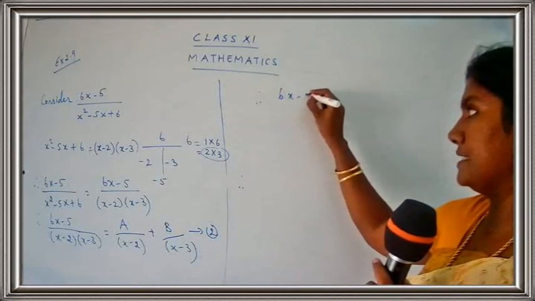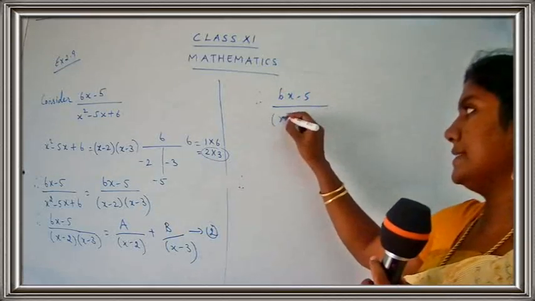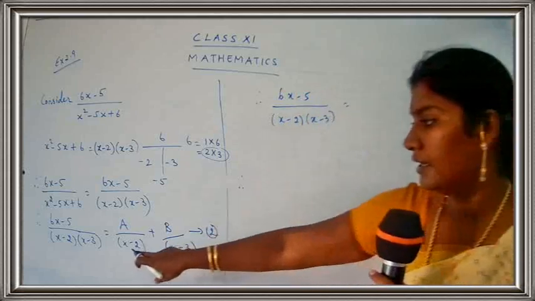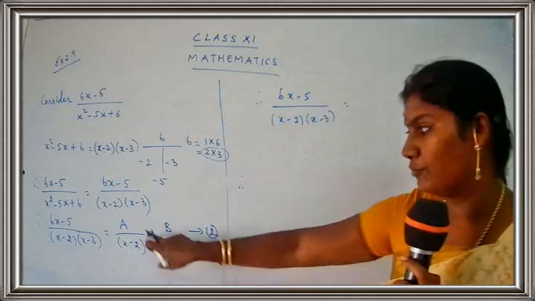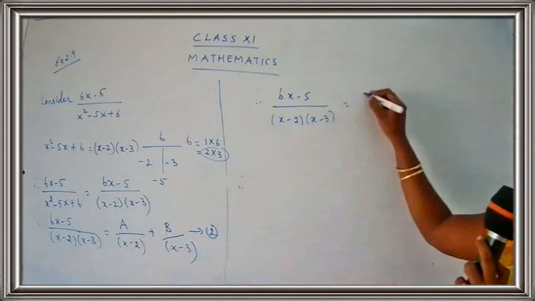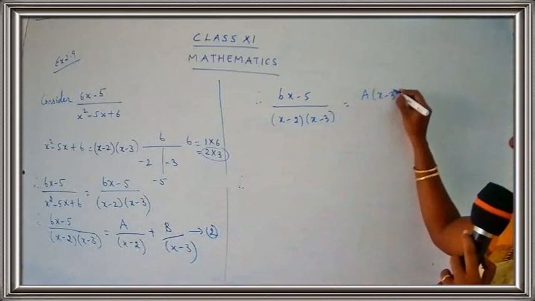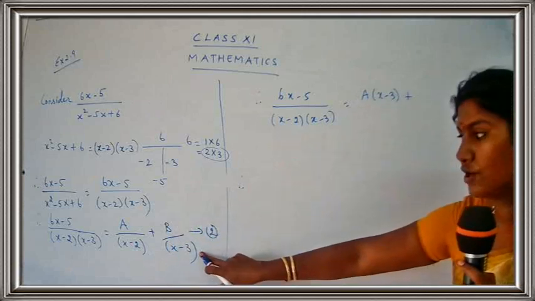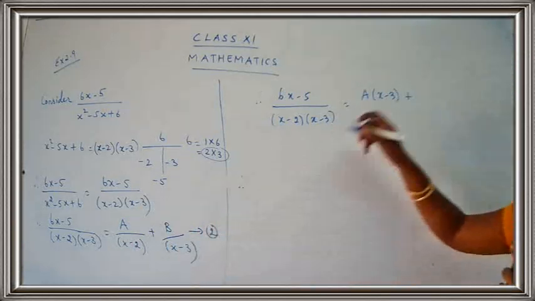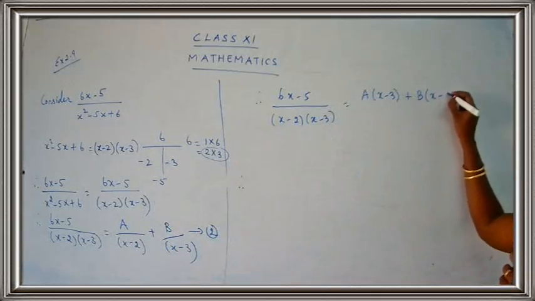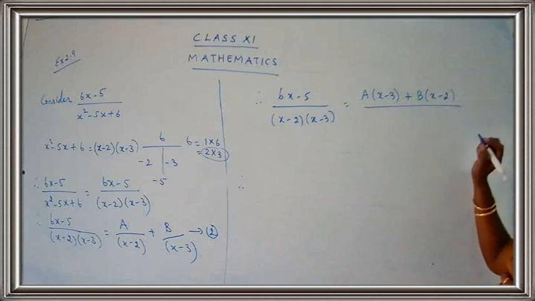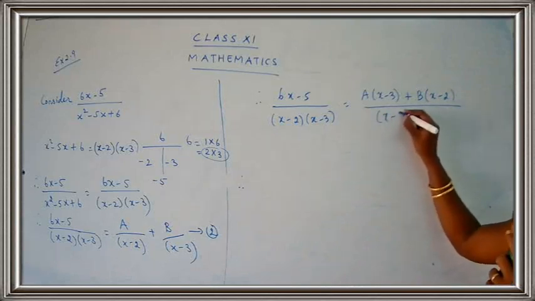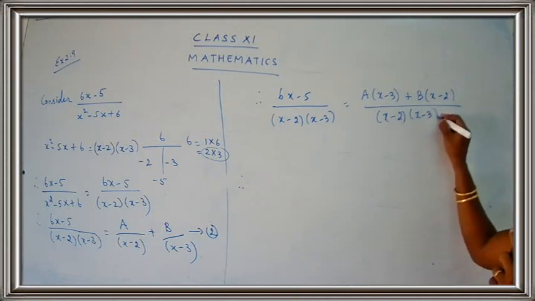Therefore (6x − 5)/((x − 2)(x − 3)) is equal to, here I have x − 2, so I am going to multiply by x − 3: A(x − 3) plus B, here we have x − 3, so what is left out, children? x − 2 is left out, so I will multiply by (x − 2), upon, I will write the denominators together, (x − 2)(x − 3).